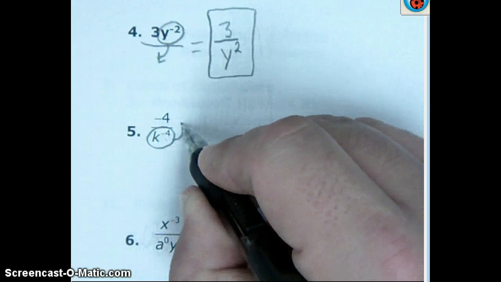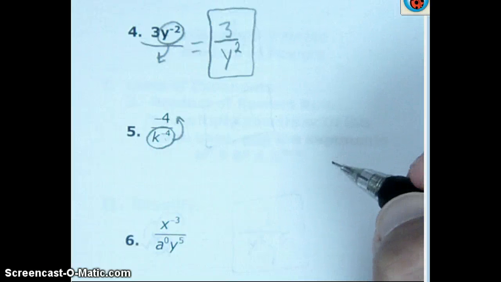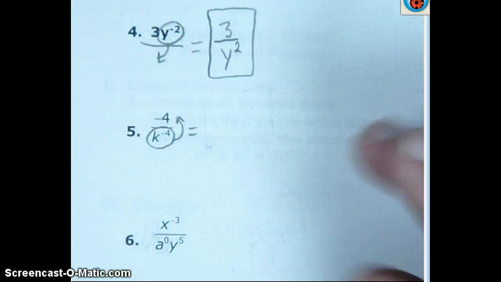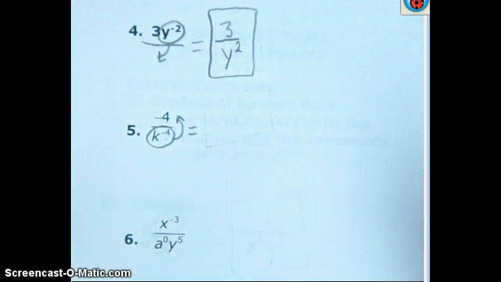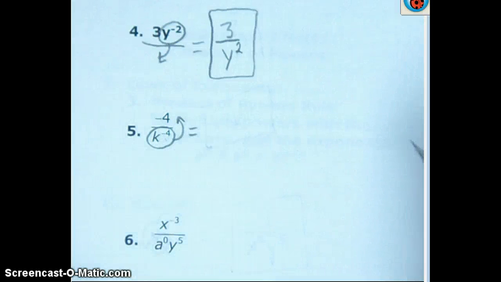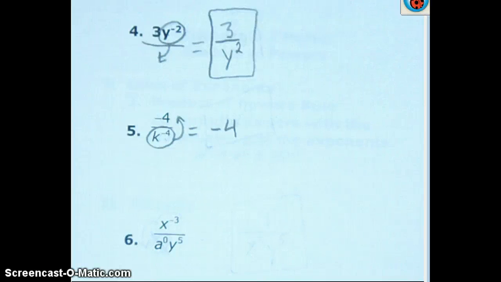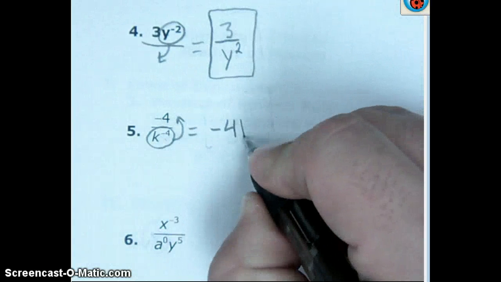So if he's being bad in the basement, we need to move him up to the attic, up to the top of your fraction. This negative 4 up here at the top, he's a regular old number. You can't control negative numbers. They just got to stay where they are. They're negative numbers. So we have a negative 4. He stays on the top of the fraction. And this k moves up to the top.